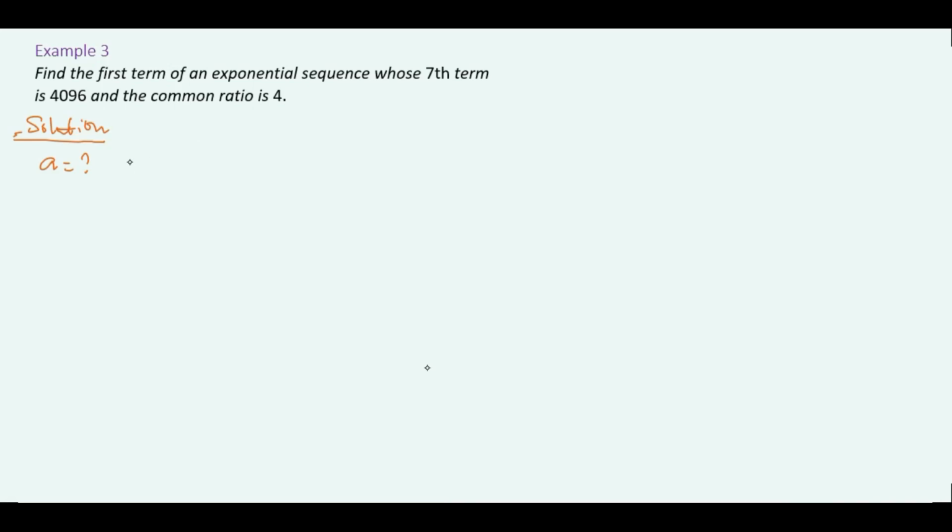The seventh term is 4096. The seventh term, according to what we have done before, is ar raised to power 7 minus 1, which is 6.